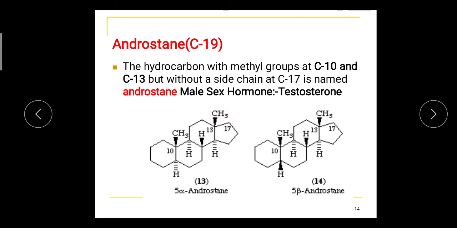That steroidal nucleus is named androstane. For example, in the male sex hormone testosterone, the basic nucleus is androstane. Same as before, this nucleus is 5-alpha-androstane and this nucleus is 5-beta-androstane. This configuration is alpha, dotted lines, and this configuration is beta, denoted by solid lines.